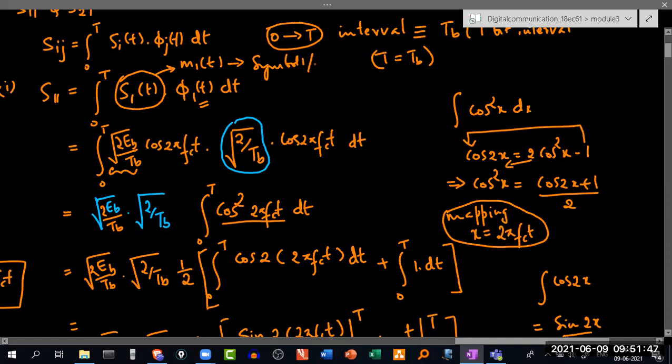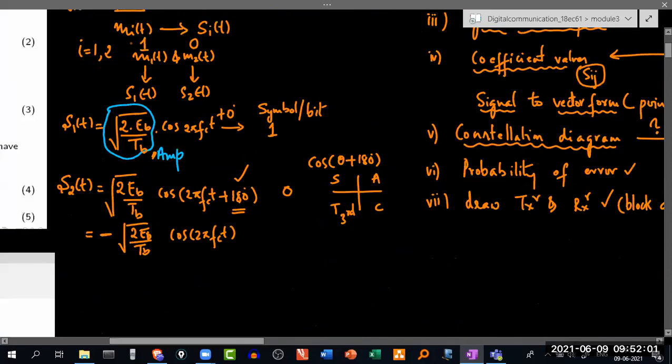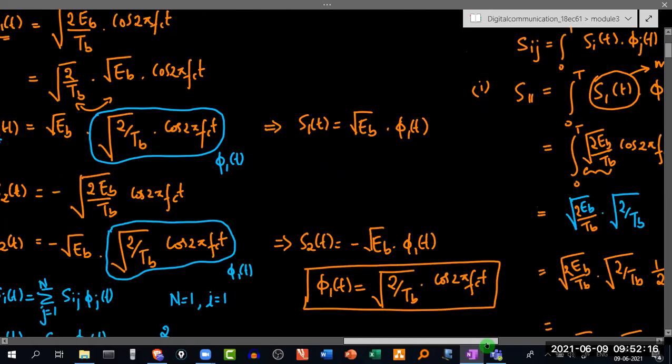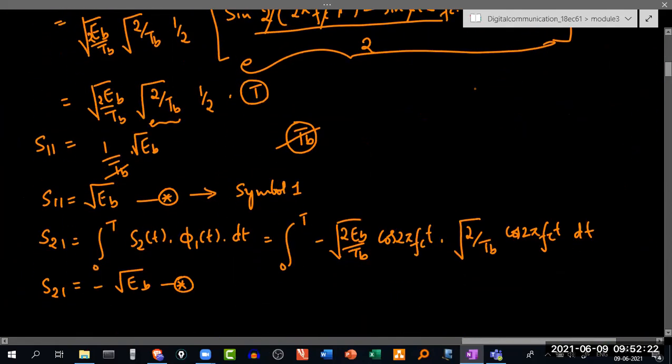So remember this basic thing: bit 1 is nothing but our m1 of t, and we are rewriting m1 of t in signal form as s1 of t. From signal s1 of t, we extracted its corresponding coefficient value, and in turn this coefficient value is representing symbol 1, or bit 1.